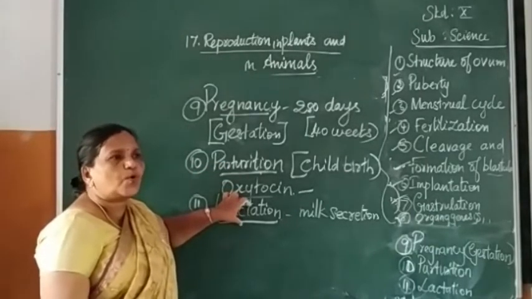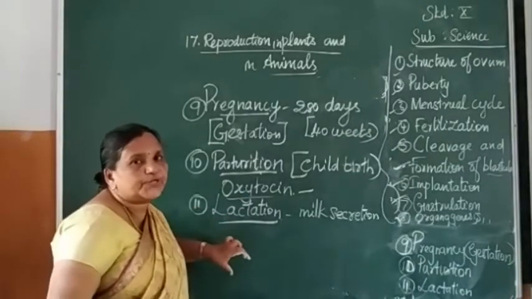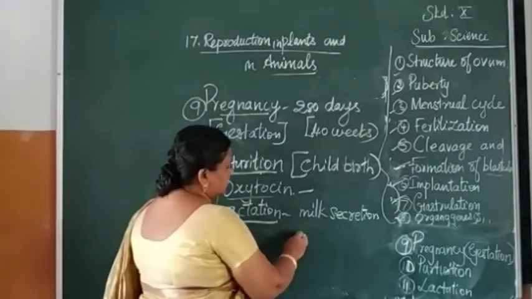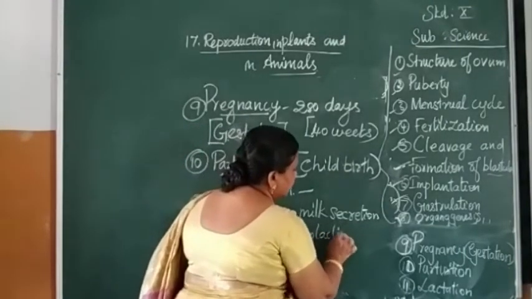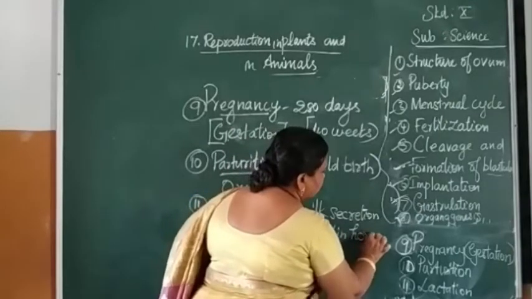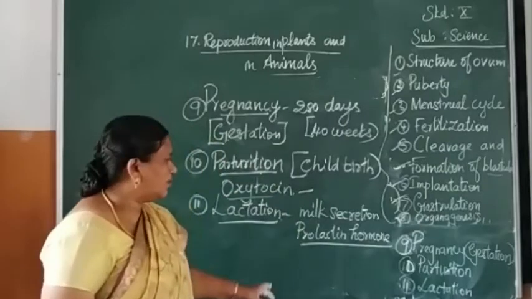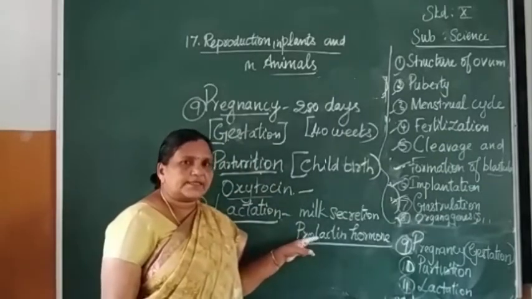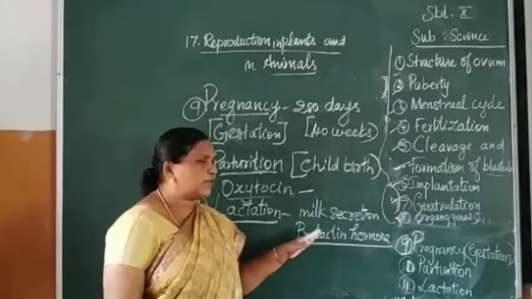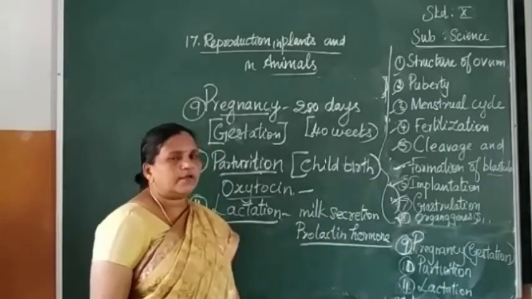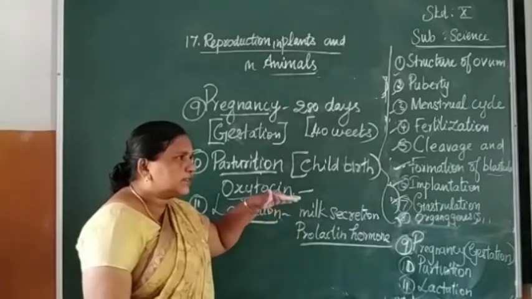For that, prolactin hormone will be secreted more by the pituitary gland of females. This prolactin hormone is responsible for the production of milk. So the prolactin is secreted and the milk will be secreted.